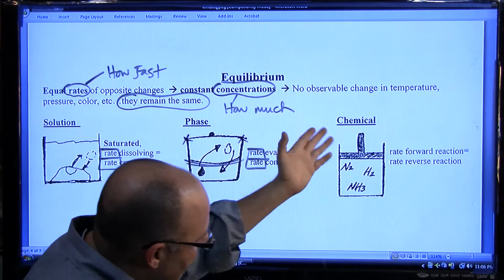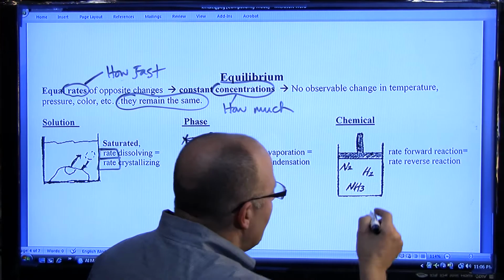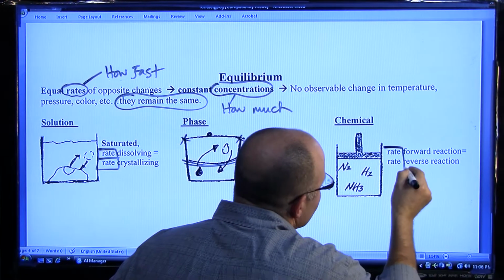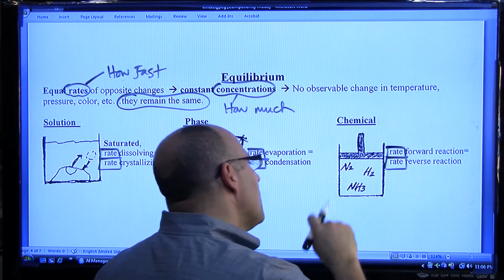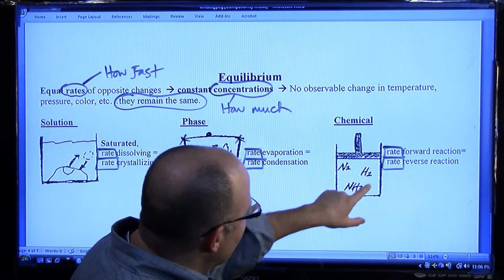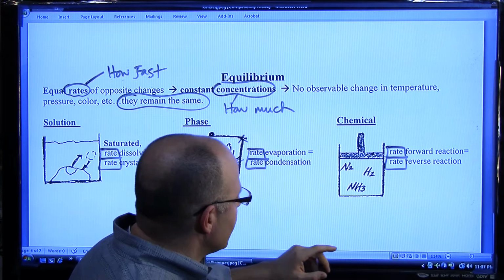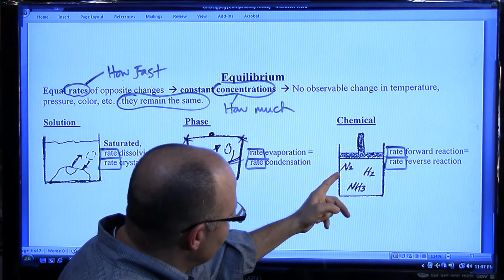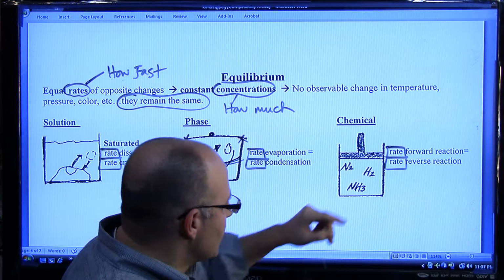All right. And the chemical equilibrium situation has to do with a reversible reaction in which the forward and reverse rates are equal. A very common reversible reaction is the one that involves the formation of ammonia from its elements.